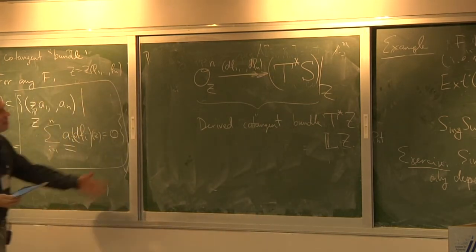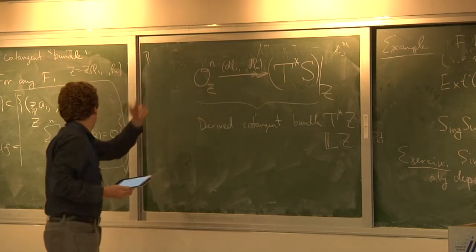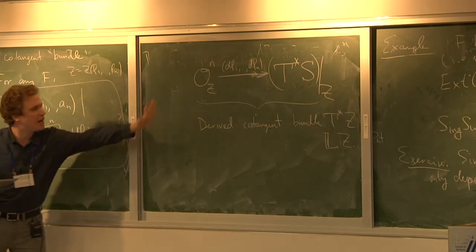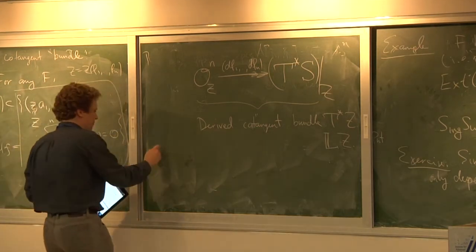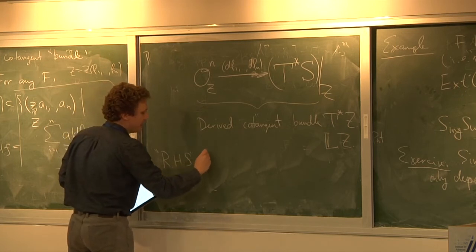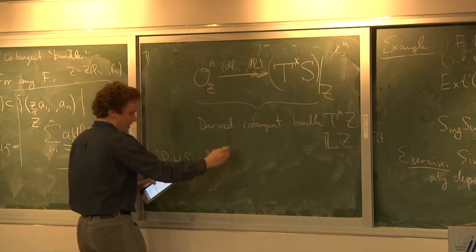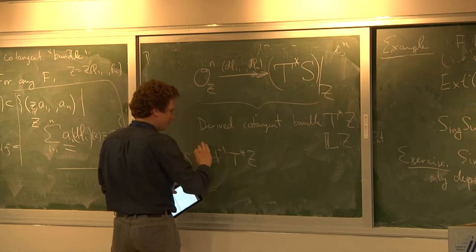Indeed, the co-kernel of this map is the usual cotangent bundle. And so here we are looking at what happens to the cotangent bundle in degree -1. In some sense, I hope nobody is going to mind if I write that the right-hand side is maybe the -first cohomology of the cotangent bundle to Z.